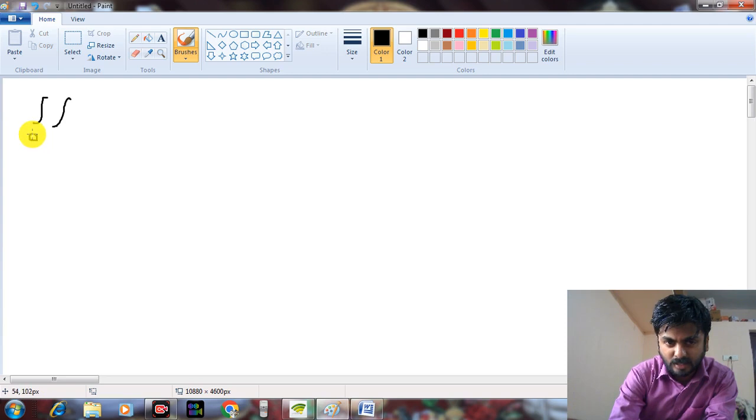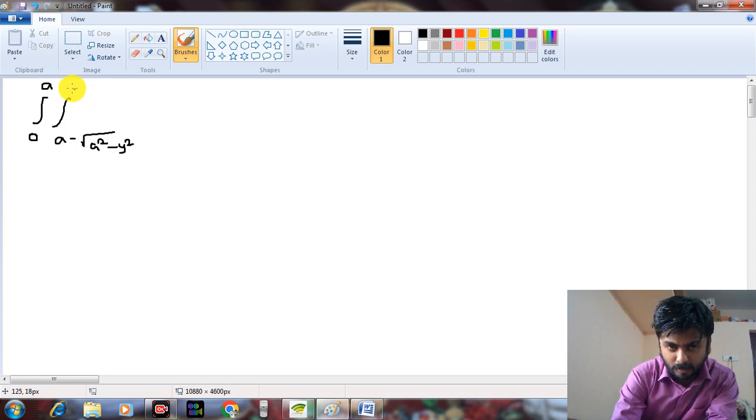The first integral is varying from 0 to a, that is, we are having constant limits, and the second integral is varying from a minus root of a square minus y square, and the outer limit, that is the upper limit, is up to a plus root of a square minus y square.